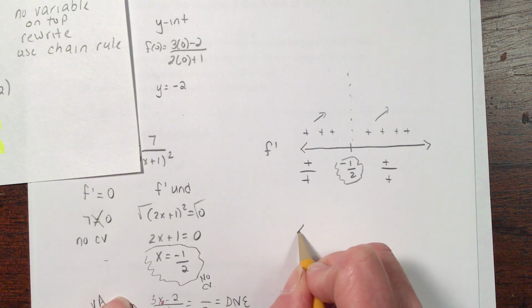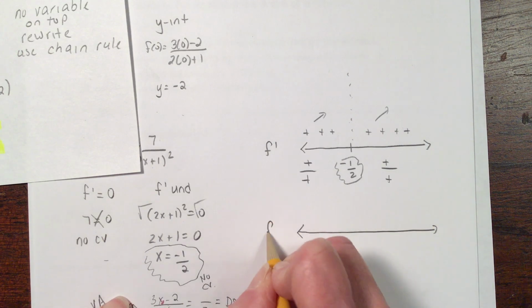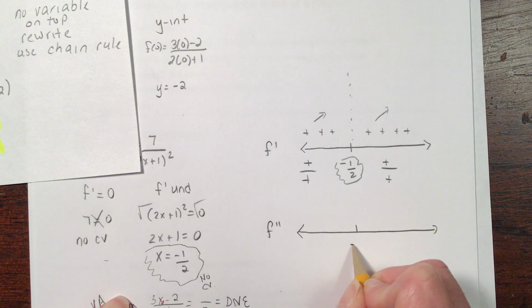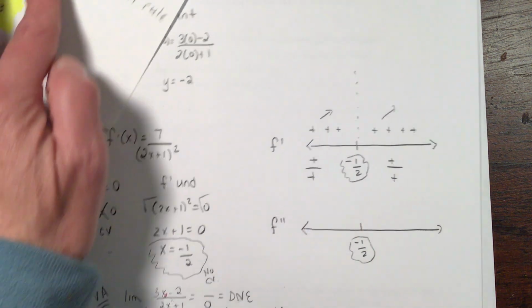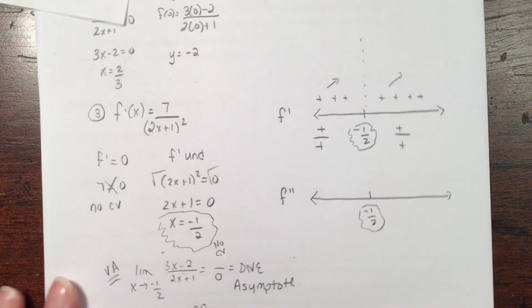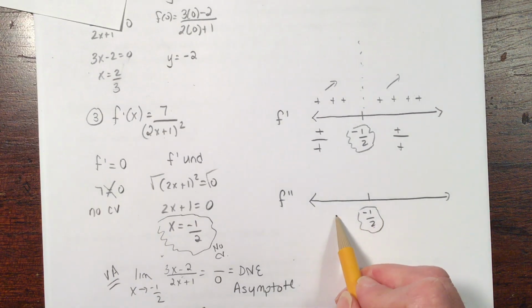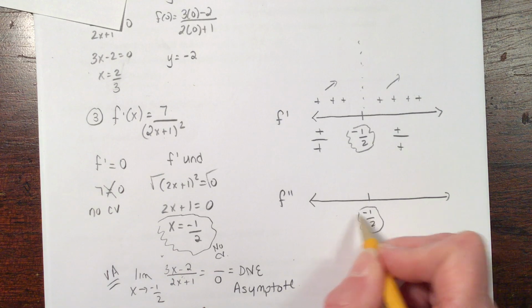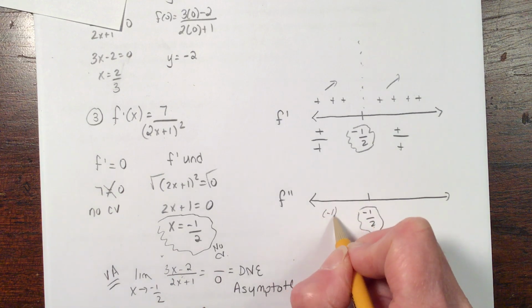So if I go up here and make a second derivative number line, put negative 1/2 on there. If I'm going to test in my intervals, let's say I take a number less than negative 1/2.